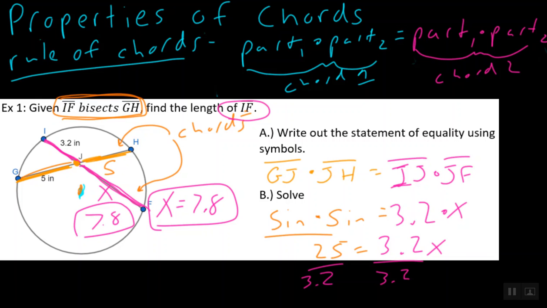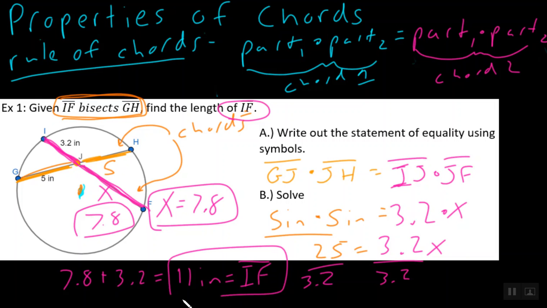Is this IF? No, that's JF. Notice IF is the whole thing, and so in finding the whole thing, we'll have to do 7.8 plus this first part, 3.2, and 7.8 plus 3.2 will give us roughly 11 even. Alright, and so it turns out IF is 11 inches even.